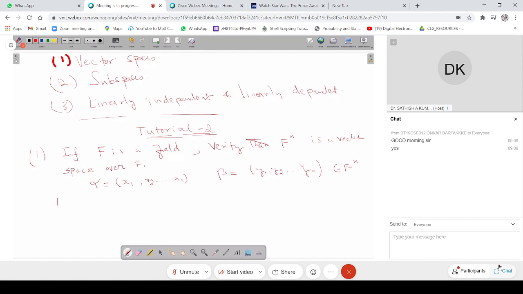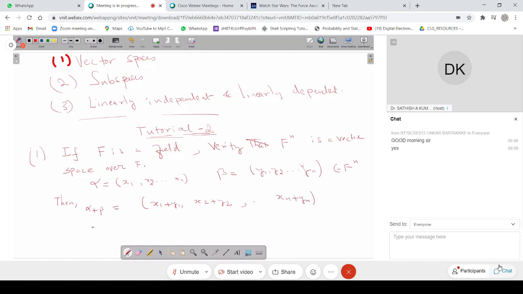Then alpha plus beta is equal to x1 plus y1, x2 plus y2, etc., xn plus yn.